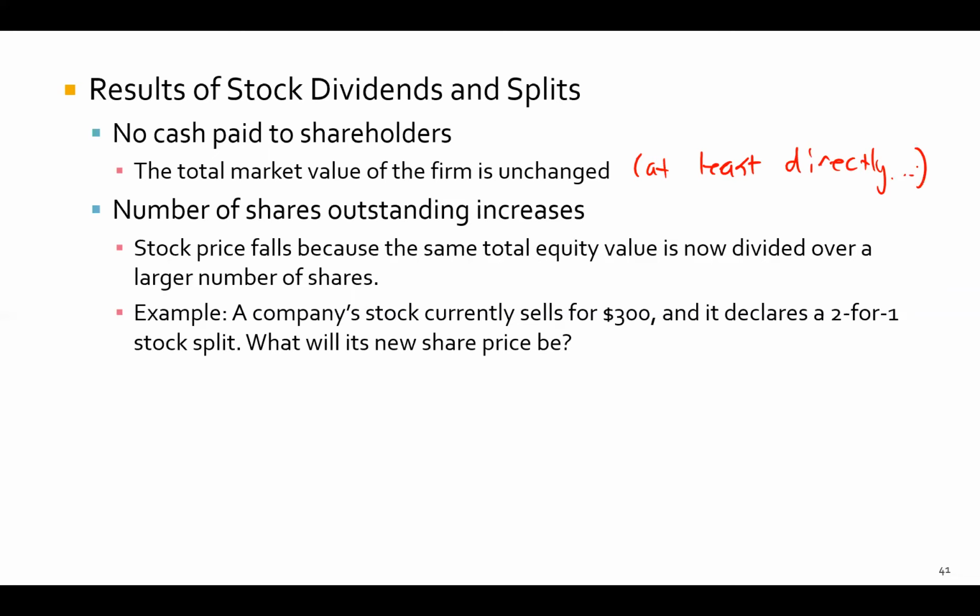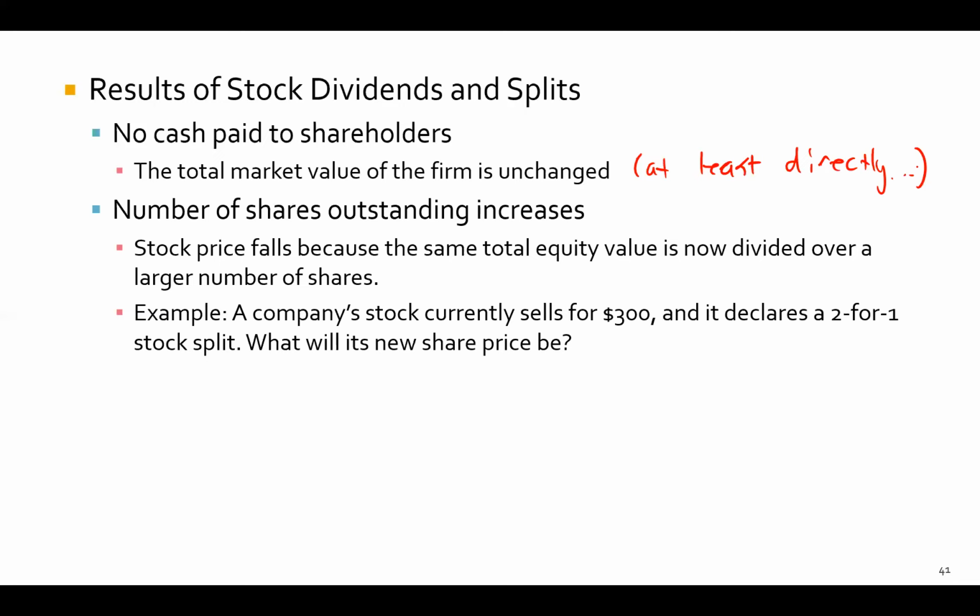We'll get to that in a second. What you're doing is increasing the number of shares outstanding without changing firm value. So the stock price is going to fall, but shareholders make up for the decrease by having more shares. The firm itself will have the same total market value, just spread out over a larger number of shares.